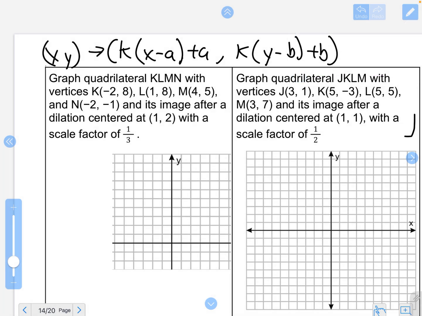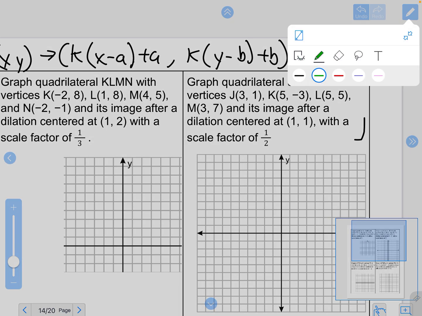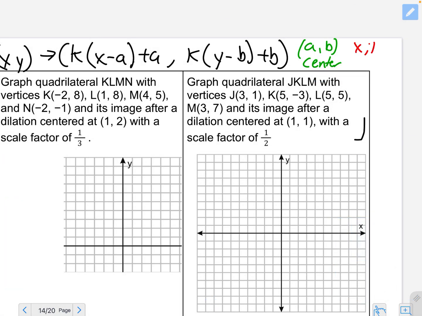So our a and b are going to be the center. Our x and y are going to be the points.